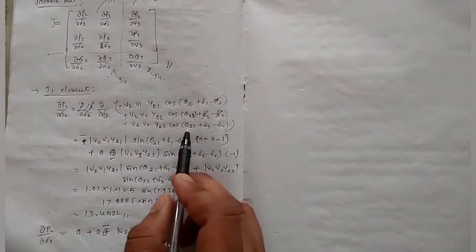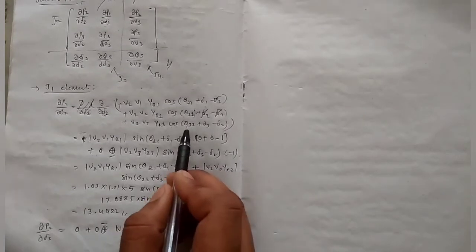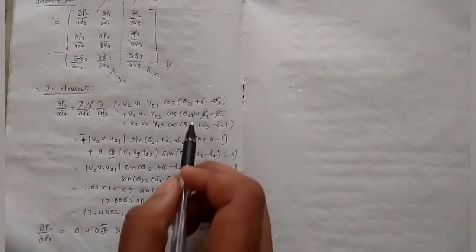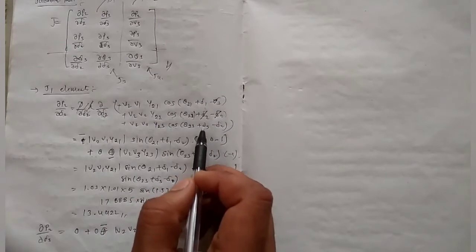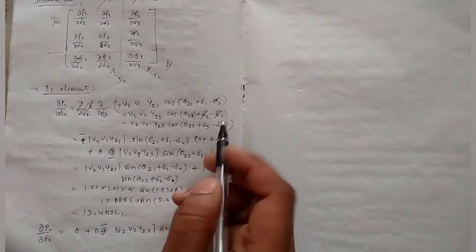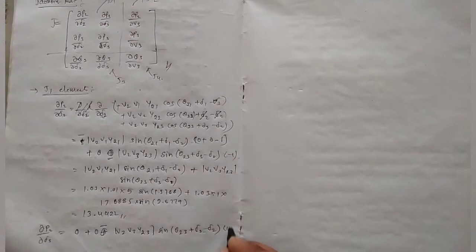With respect to δ3 this becomes 1, the rest become 0 constants, and we get plus 1.